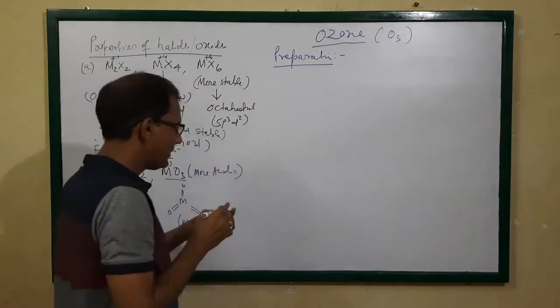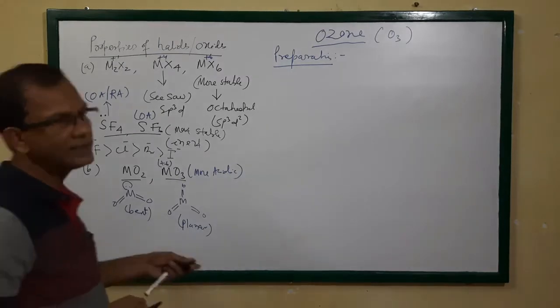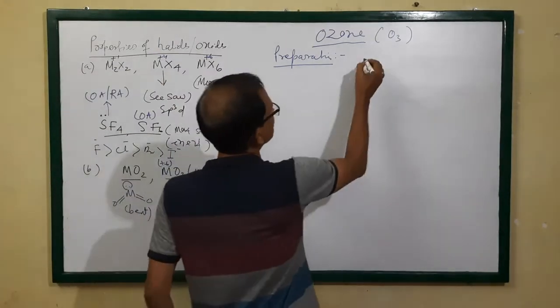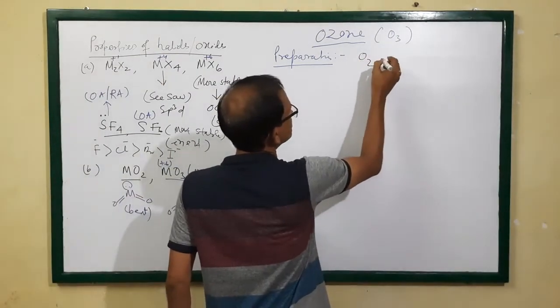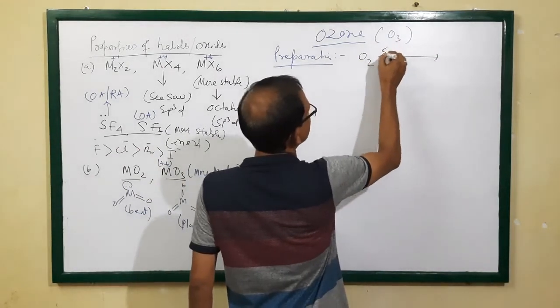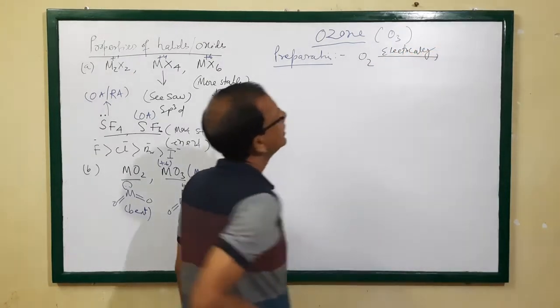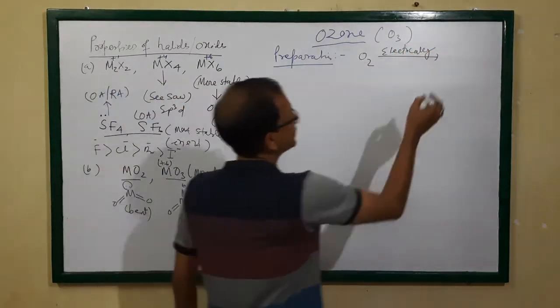It is prepared by electric discharge of oxygen gas. When oxygen gas undergoes electric discharge, it produces O3.